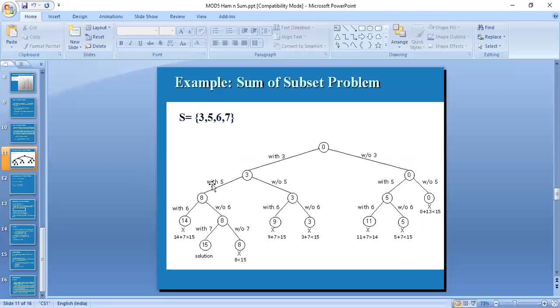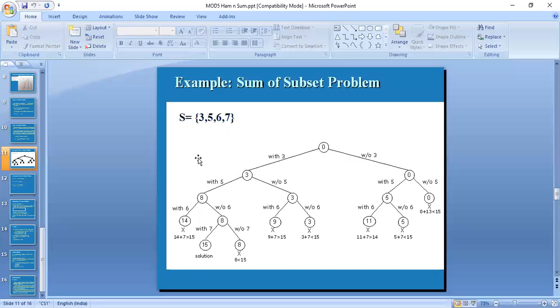What are the choices taken to get the solution? With 3, next level, with 5. Third level, without 6. And the last level, with 7. So 3 plus 5 plus 7, we are getting the solution as 15.